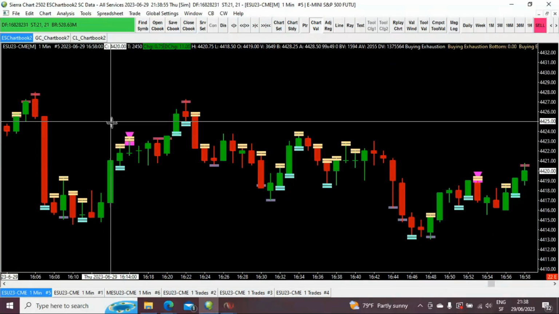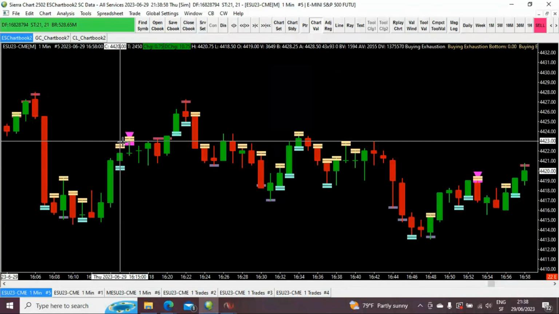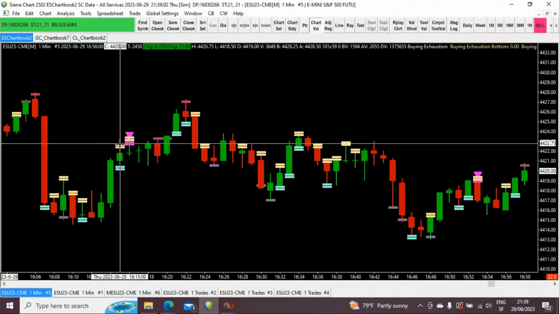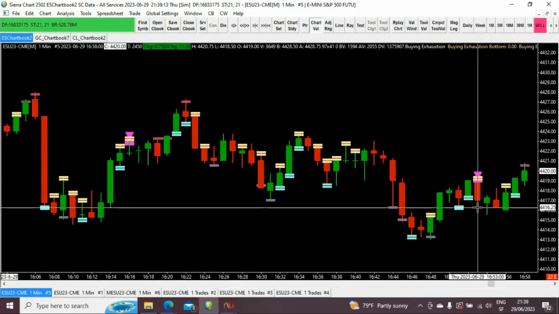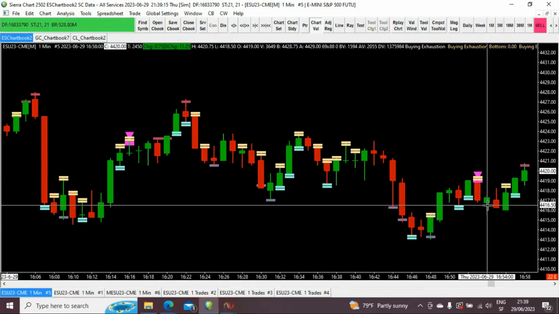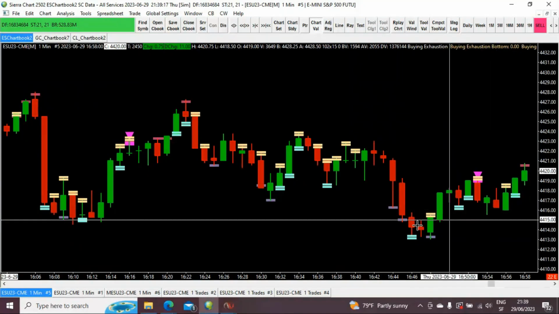It actually prints on the bar itself, and this little horizontal bar is the price at which it detected the price reversal was imminent. Another one here. So this would have printed at the top of that down bar.